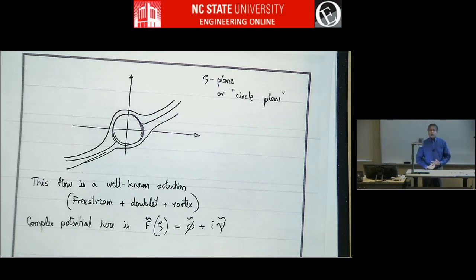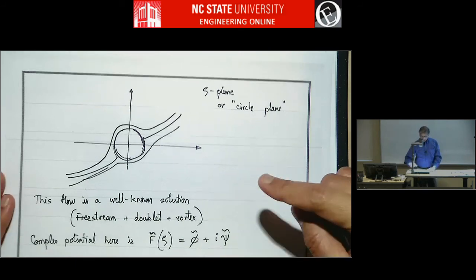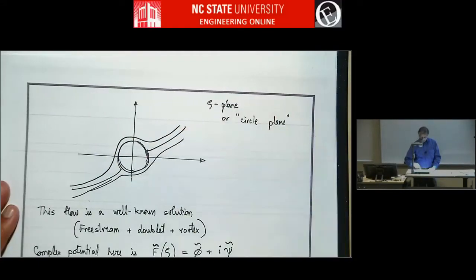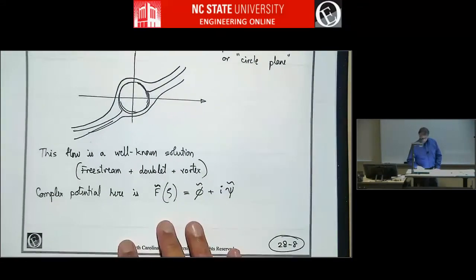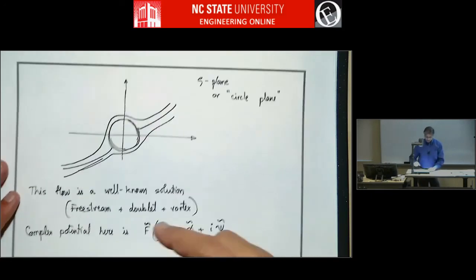And we are going to call this the zeta plane, or you can think of it as the circle plane. So this is the plane in which we'll put the circle and the flow around the circle, and the z plane is the plane in which we'll put the airfoil and the flow around the airfoil. So the complex potential here for this flow is F tilde, which is a function of zeta. So this is the zeta plane.